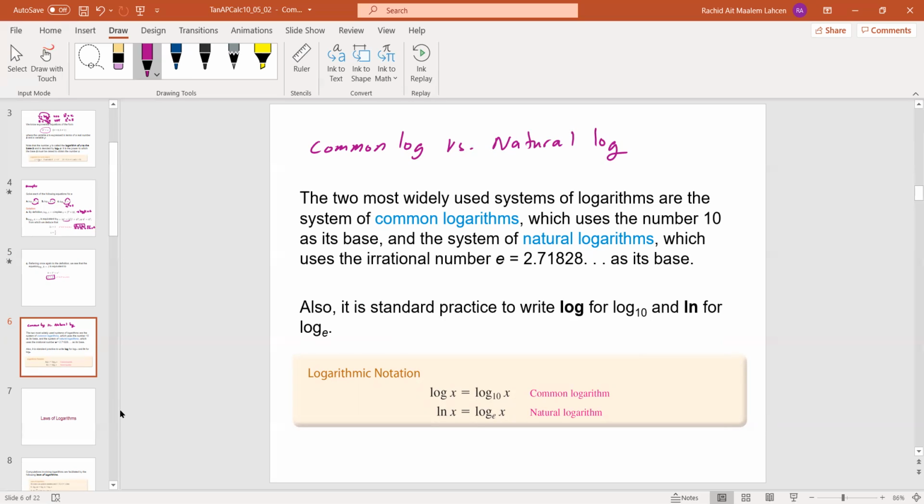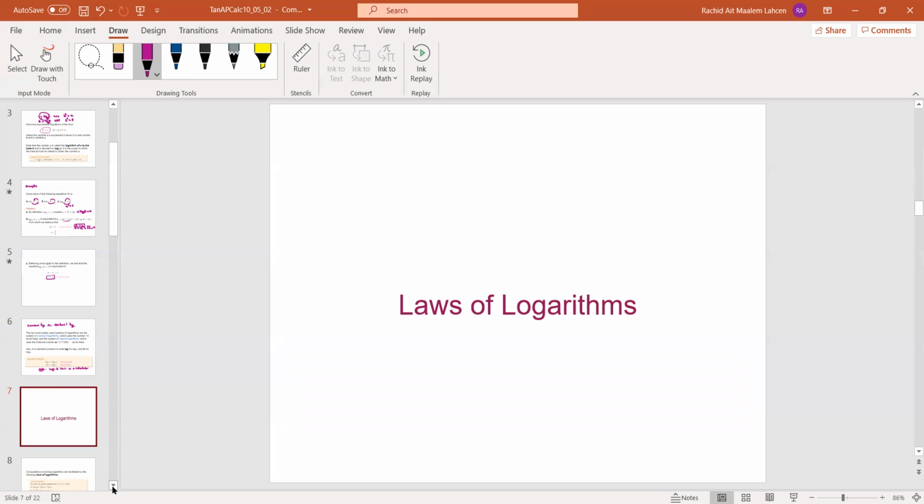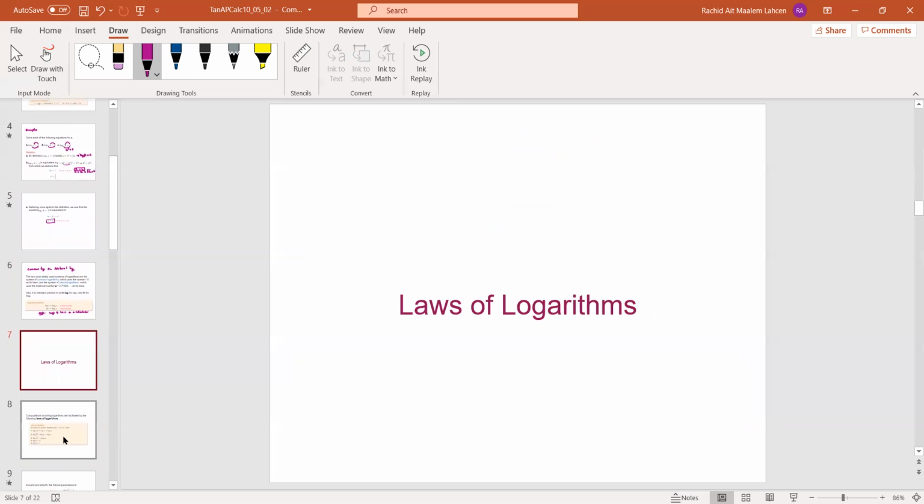So these two are the two known ones. Keep a note that you have these two on a calculator, and you don't have any other logs on a calculator, and you will need to switch if you want to calculate a different base. And let's see some laws of logarithms first.